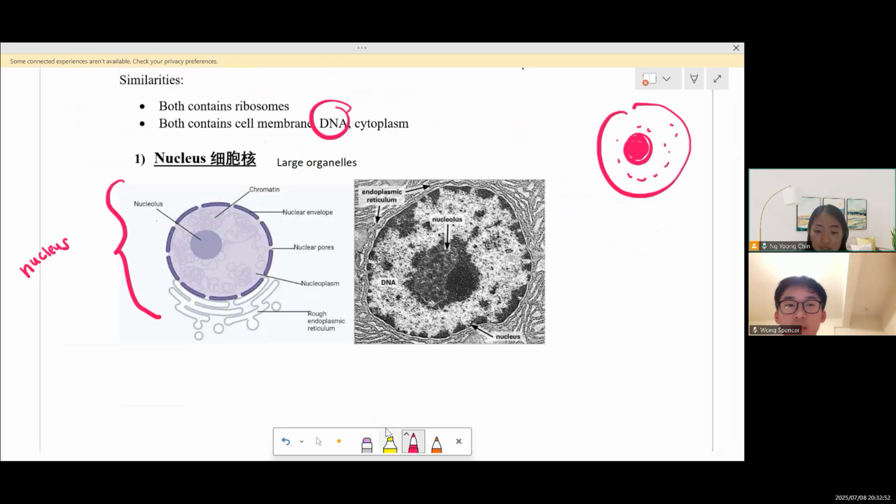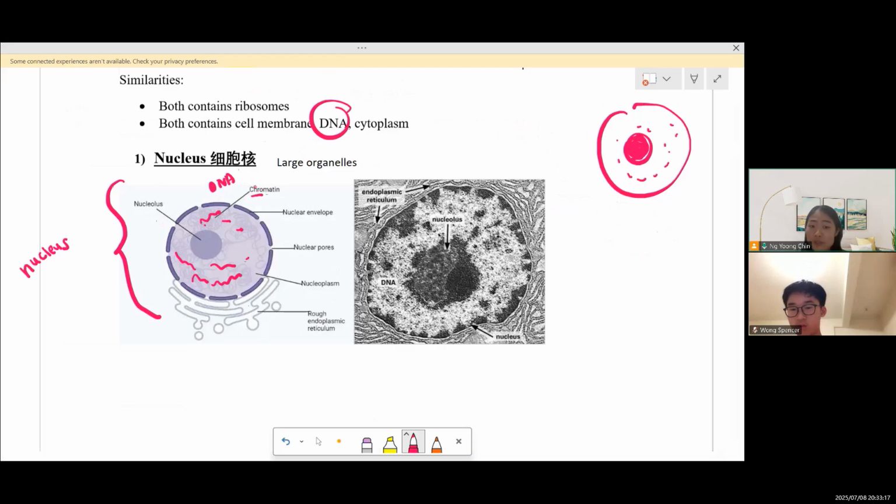This is a thread, highly coiled threads. They're actually DNA. DNA is a kind of genetic material, but when the DNA condenses together, it will become chromatin. So no matter whether it's DNA or chromatin, they are both referred to as genetic material.